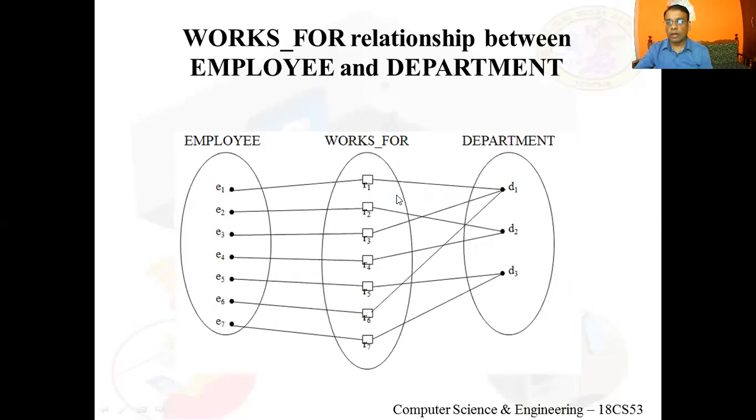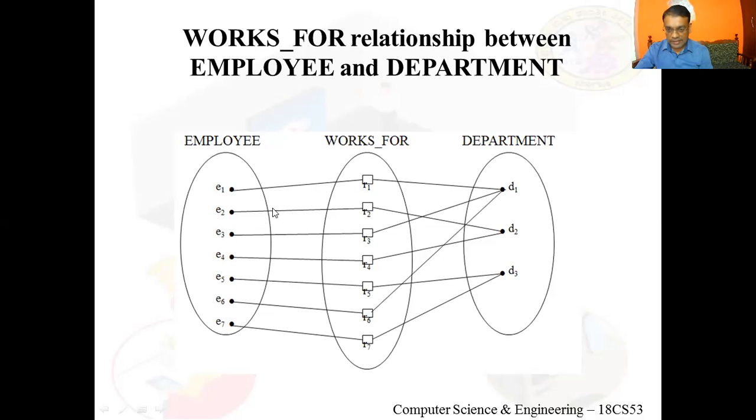Now we look at 1:n. In works for, N employees work for one department. For example, you see here D1, employee 1, employee 3, employee 6 work for it.